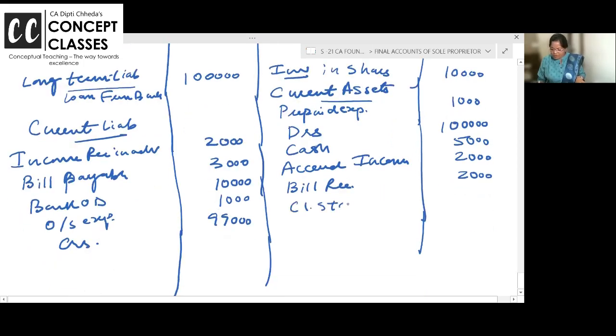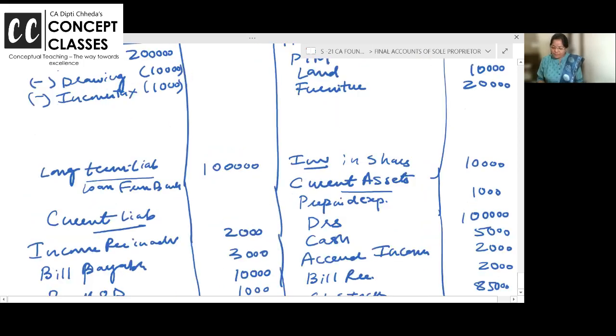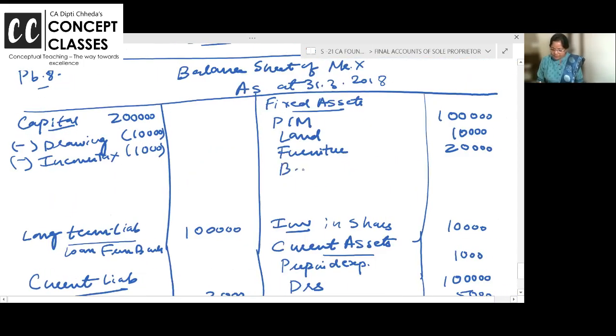Closing stock, 85,000. Building, 1 lakh. Building is 1 lakh.